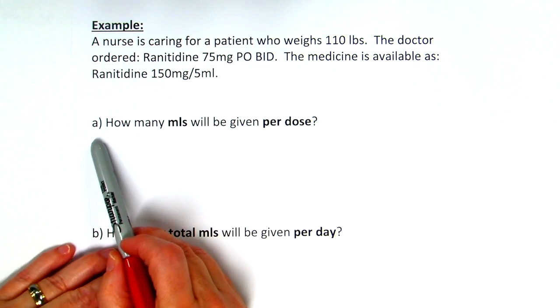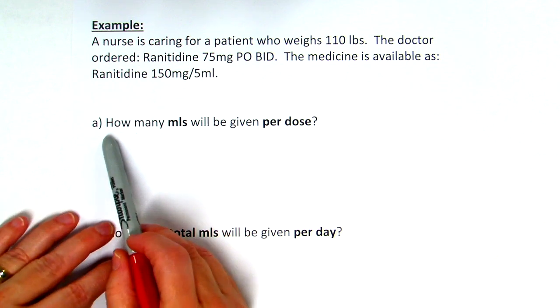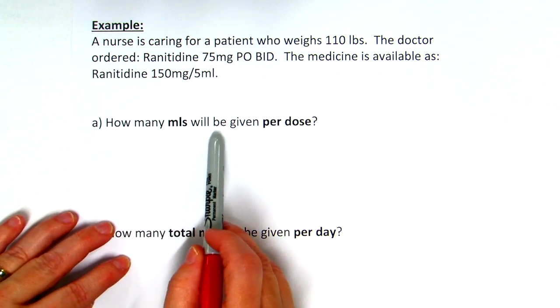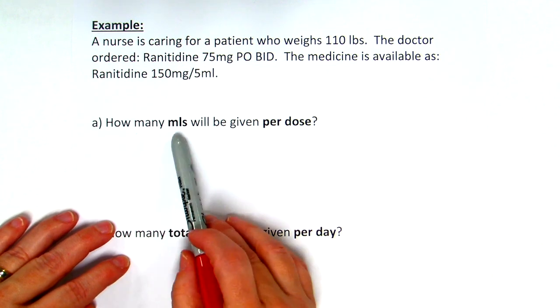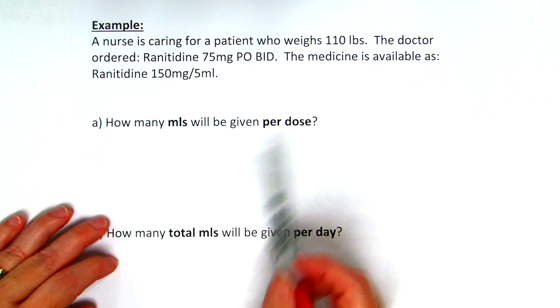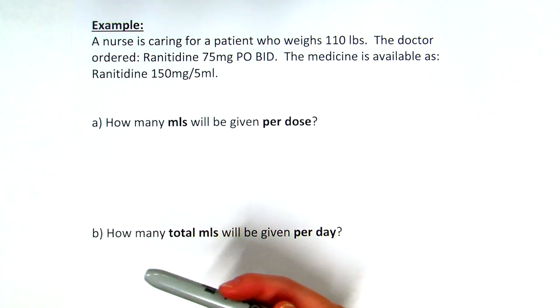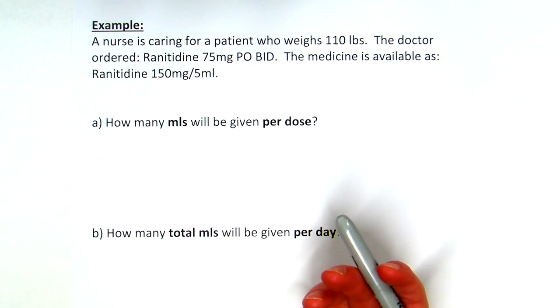So for part A, we're going to do 3 parts to this. How many milliliters will be given per dose? Again, we're going to go with that same pattern. We're going to take what was ordered and multiply that by what is available.